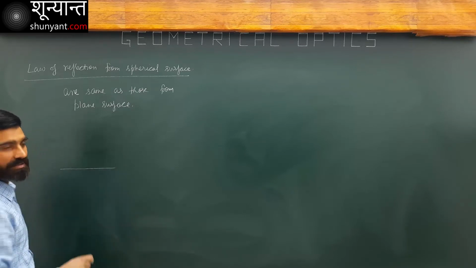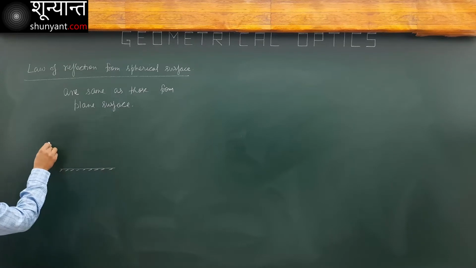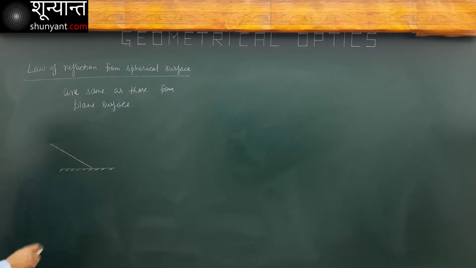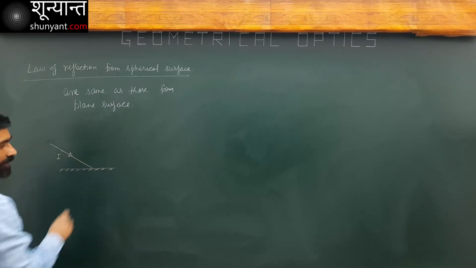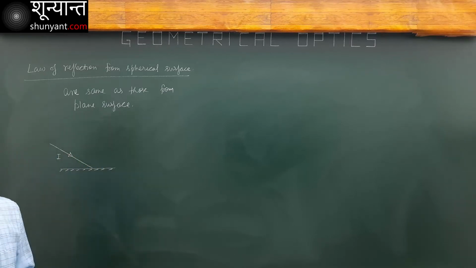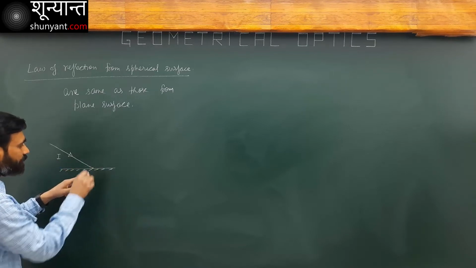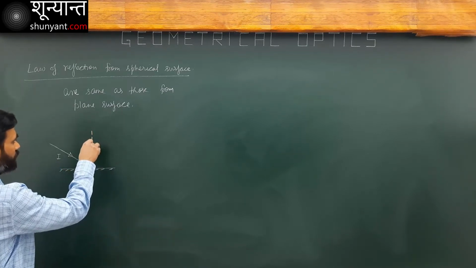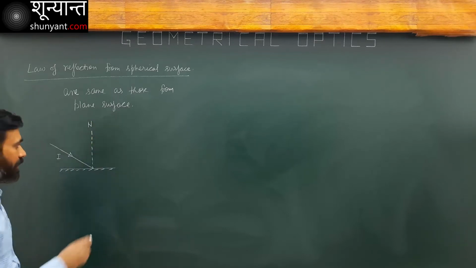If I have this plane surface, light is incident like this. This is incident light. How do I find reflected light? The point where the light is incident on this surface, I draw a normal. What is the meaning of normal?